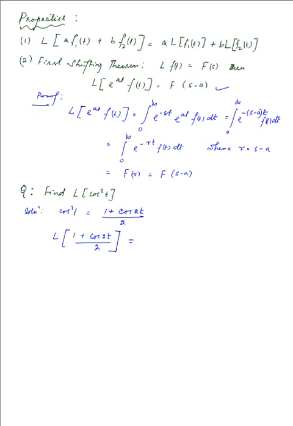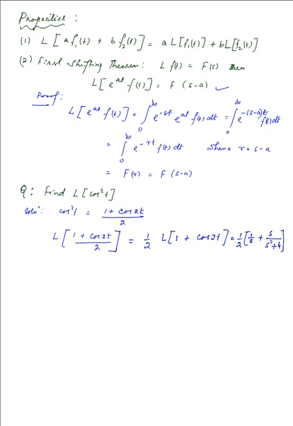Taking that 2 outside, we have half of the Laplace transform of 1 plus cosine 2t. That means half of, well, the Laplace transform of 1 is 1 over s, we know that, and cosine at is simply s over s squared plus a squared. Instead of a we have 2 over here, so s over s squared plus 2 squared, which is 4.